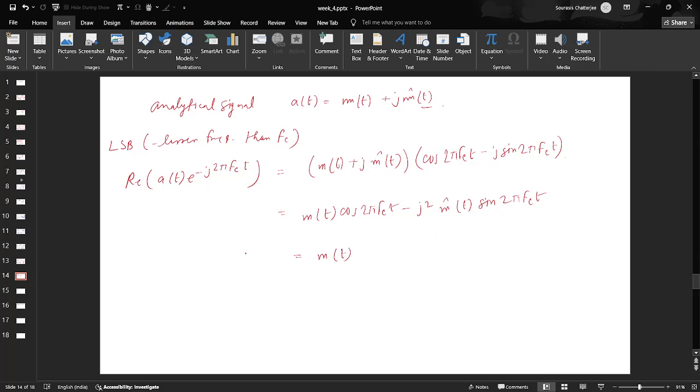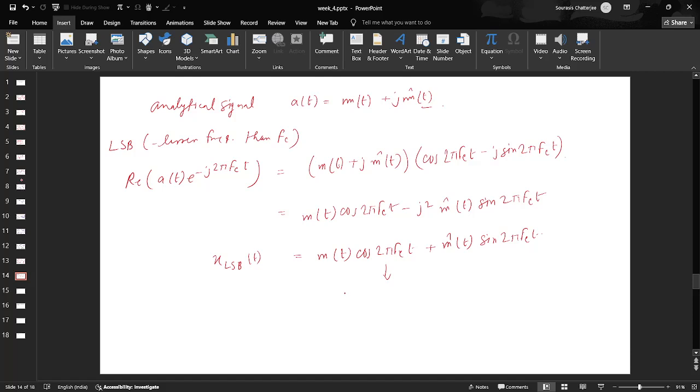So the lower sideband signal expression is given by m(t) cos 2 pi fct plus the Hilbert transform version of the original message signal times sin 2 pi fct. So this is the lower sideband spectrum. Now what about its frequency transform?